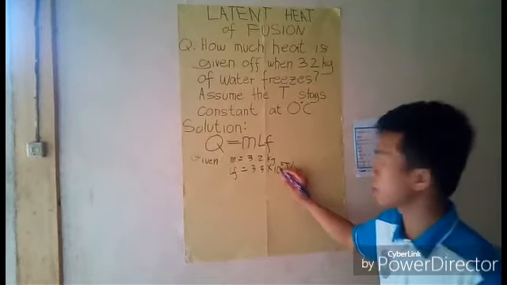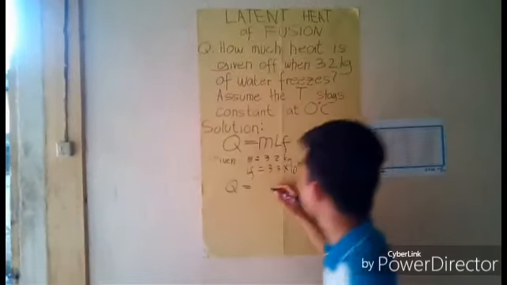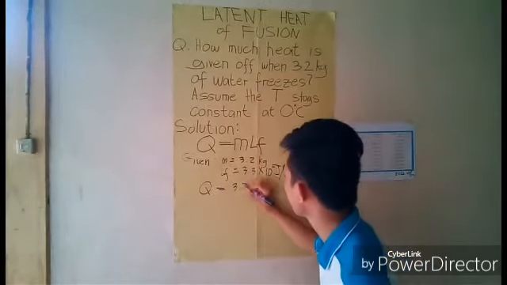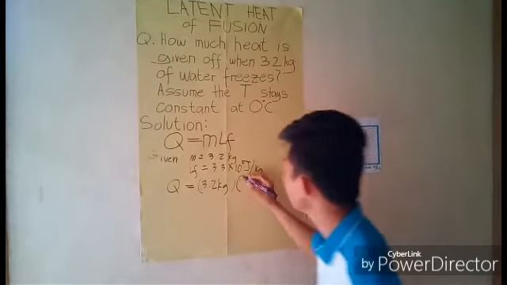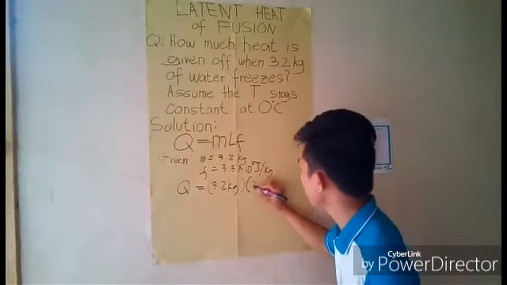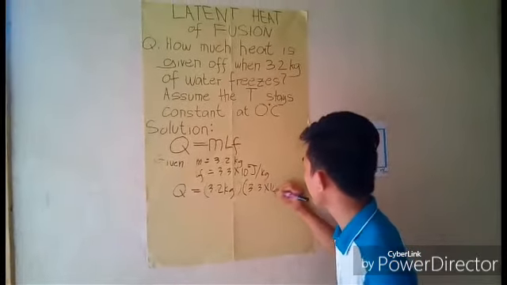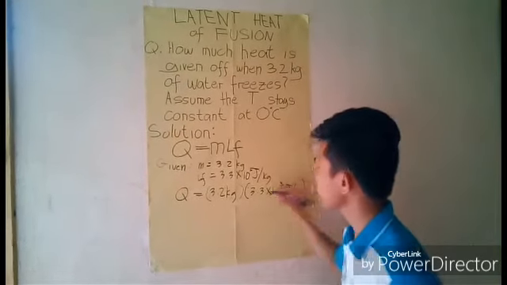Now, let us substitute the values in the formula. The mass is 3.2 kilograms, multiplied by the constant latent heat of fusion of water, 3.3 times 10 raised to 5 joules per kilogram.